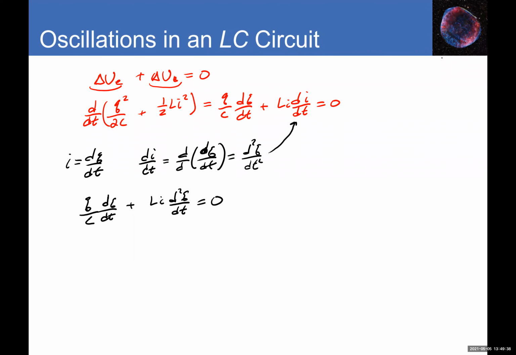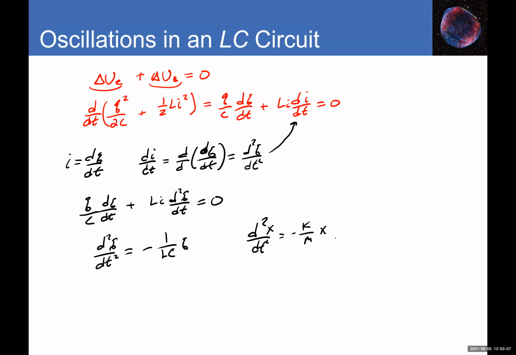Substituting and rearranging, we get d squared q over dt squared equals negative 1 over LC times q. Now, you can see that this is very similar to d squared x over dt squared equals negative k over m times x.